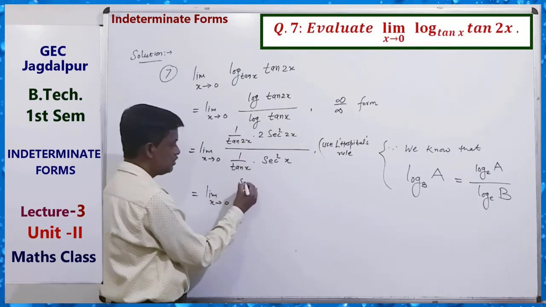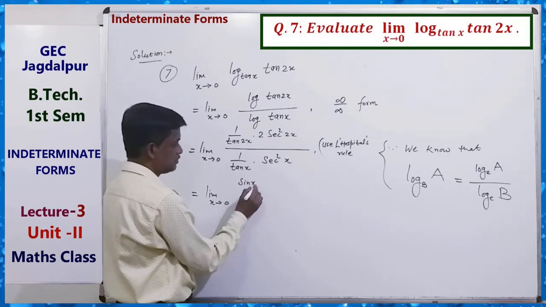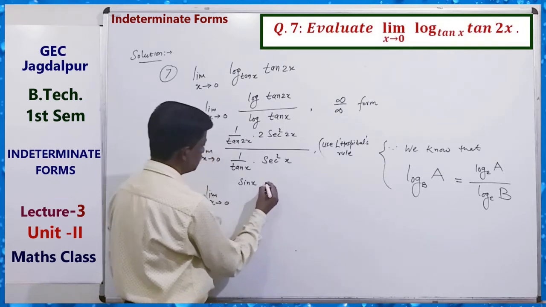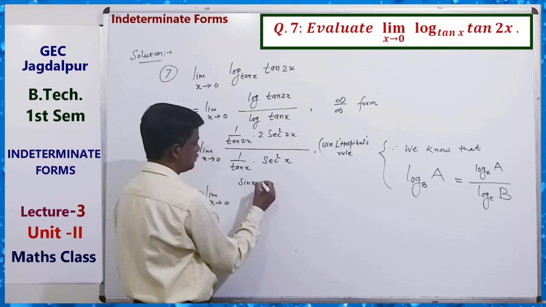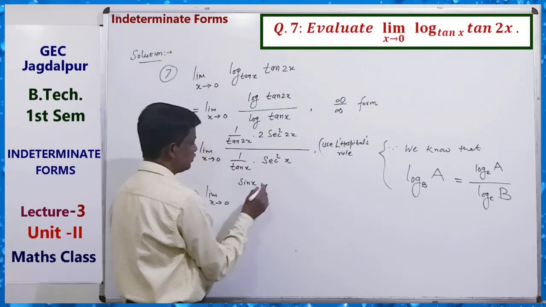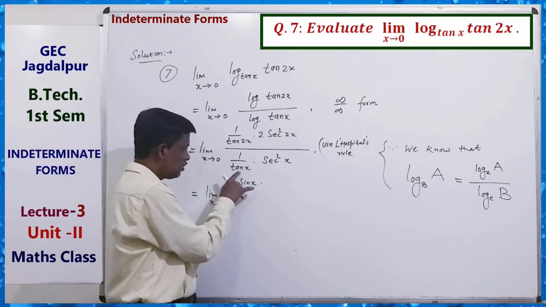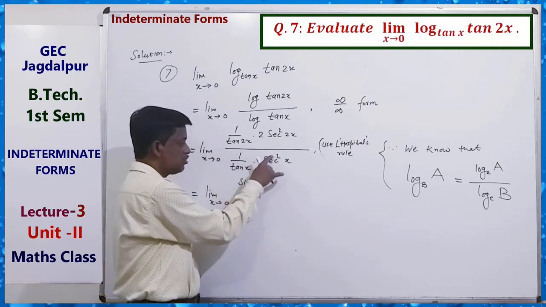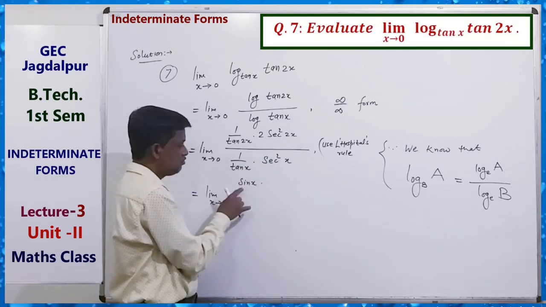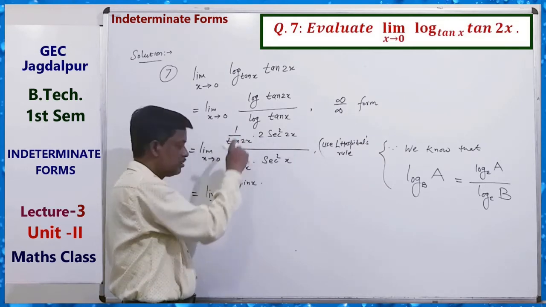So we can write it like this: sin x into, because just see here sin by cos, so one cos and sec cancel, cos by sec, so here we can take it to the numerator. So what?